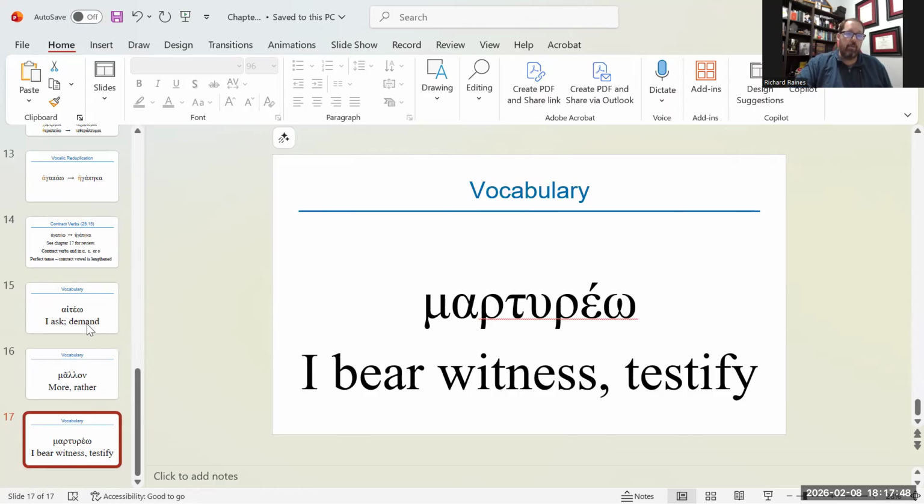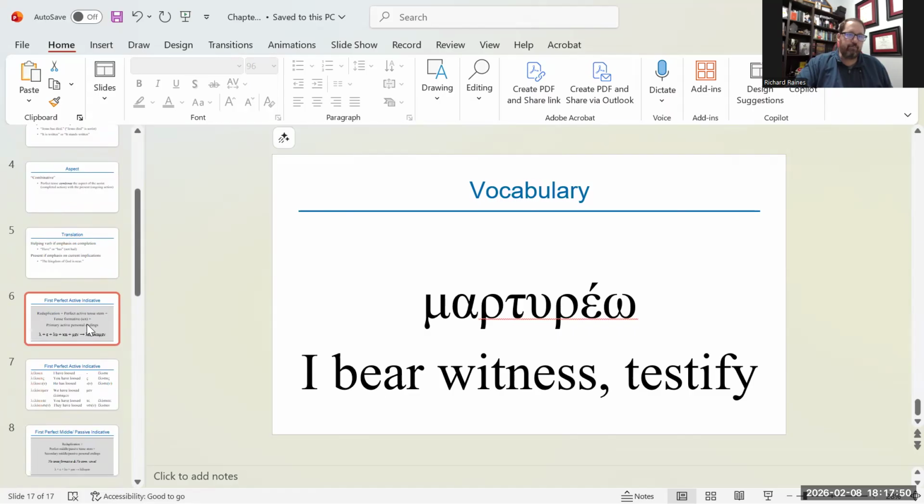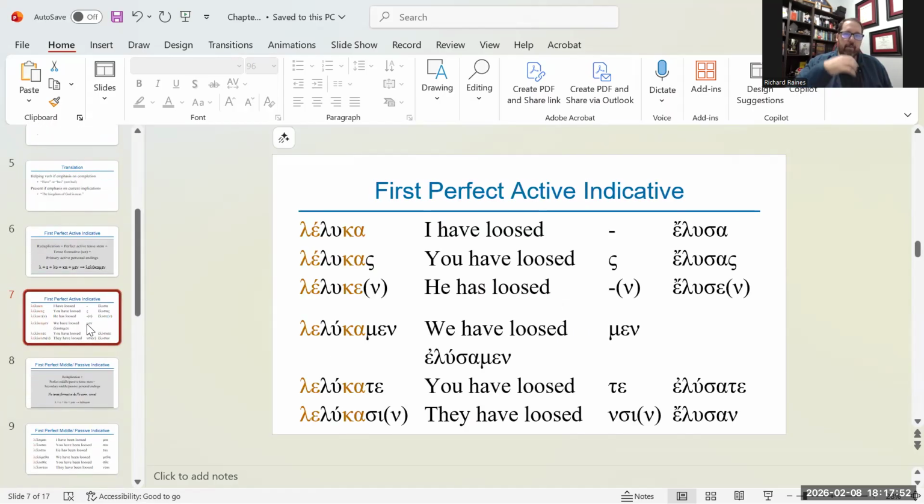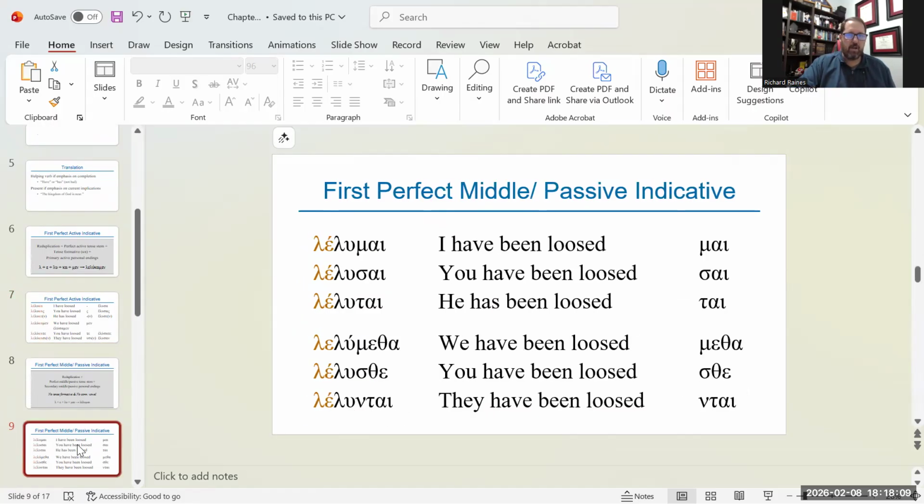So on the surface of it, the perfect is not really that difficult, right? Because you know that you have reduplication, you have the stem, you have the tense formative if it's a first perfect active. If it's a middle or passive, it's just not going to have that tense formative, but it's going to have that reduplication.